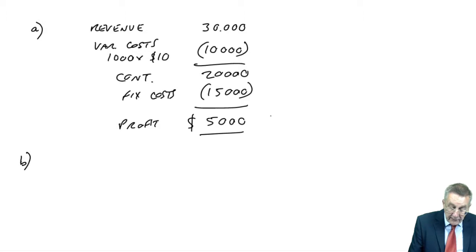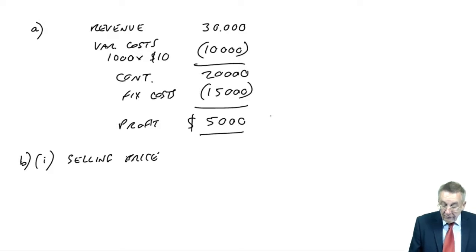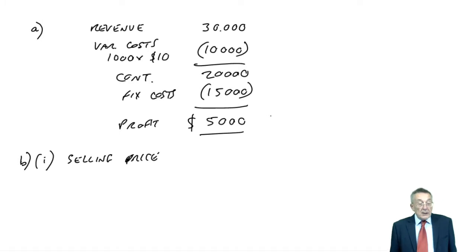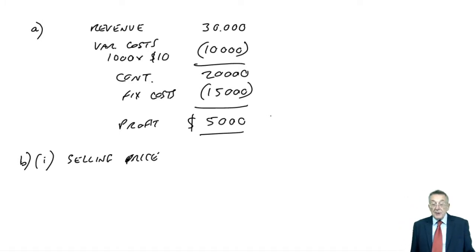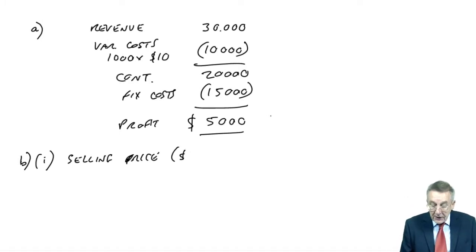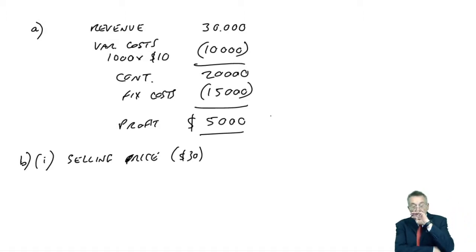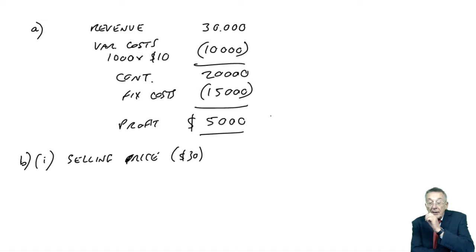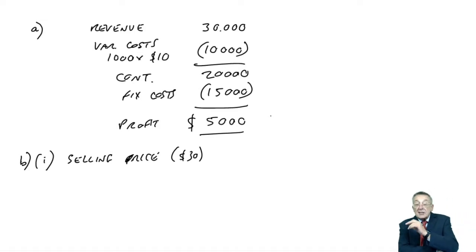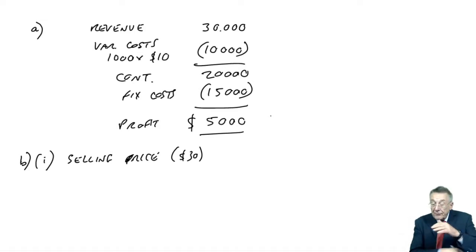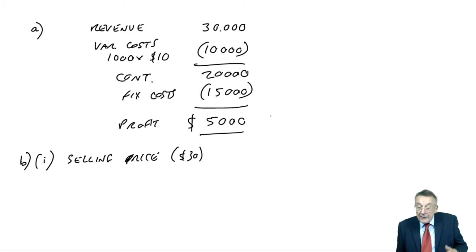It asks for the sensitivity of firstly the selling price. Our selling price was based on 1,000 units, so our selling price was $30, therefore the revenue was 30,000. We assume, for the minute, everything else is certain, so variable costs are 10,000, fixed costs are 15,000.